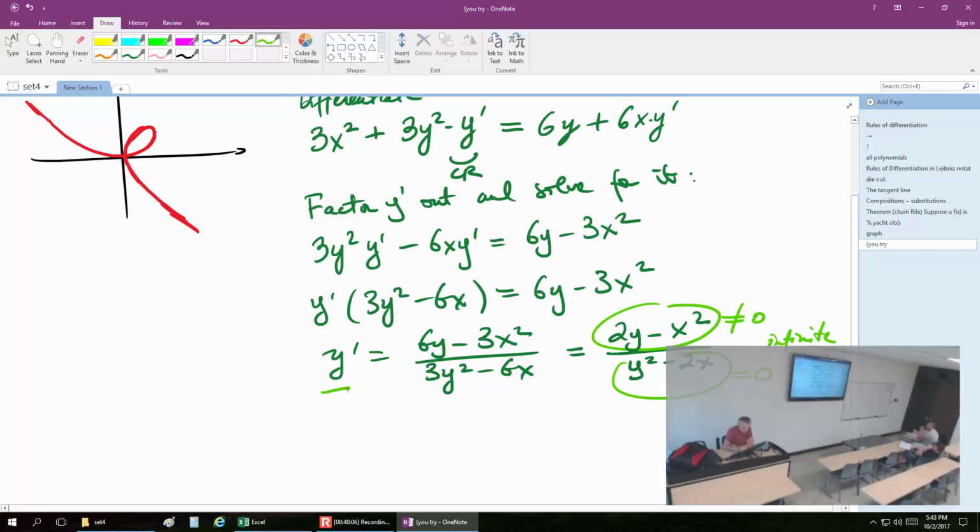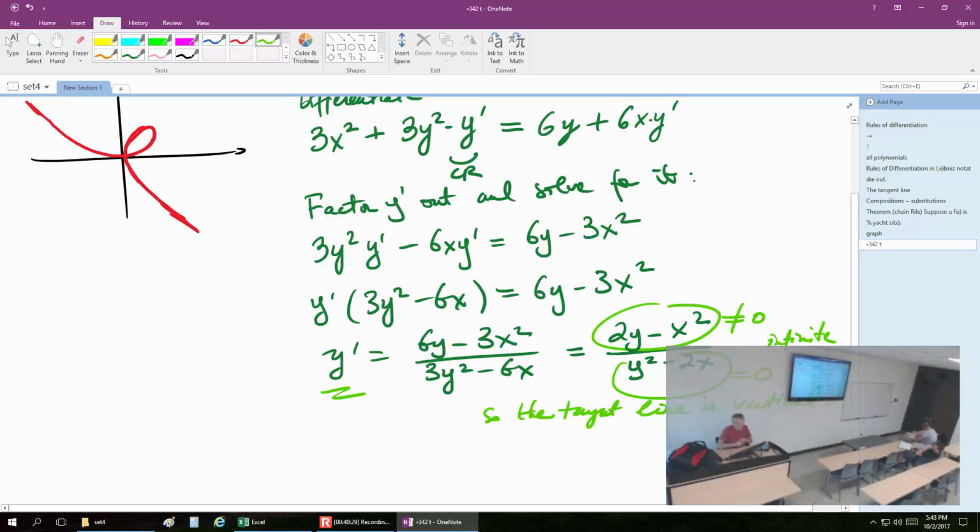Which, as far as the derivative is concerned, what does it tell you about the tangent line? It will be vertical.